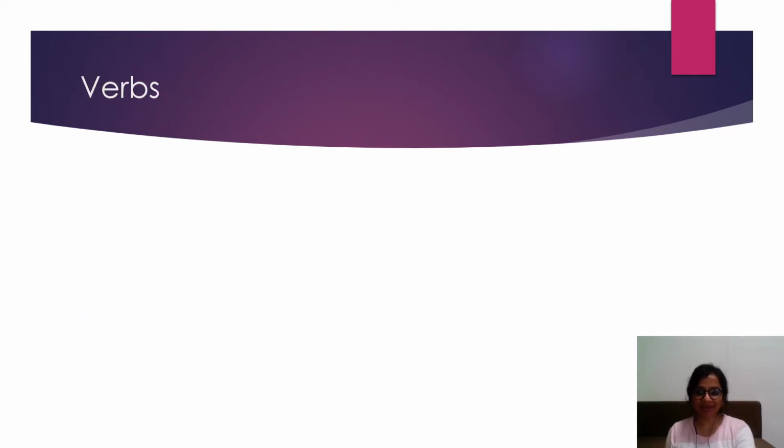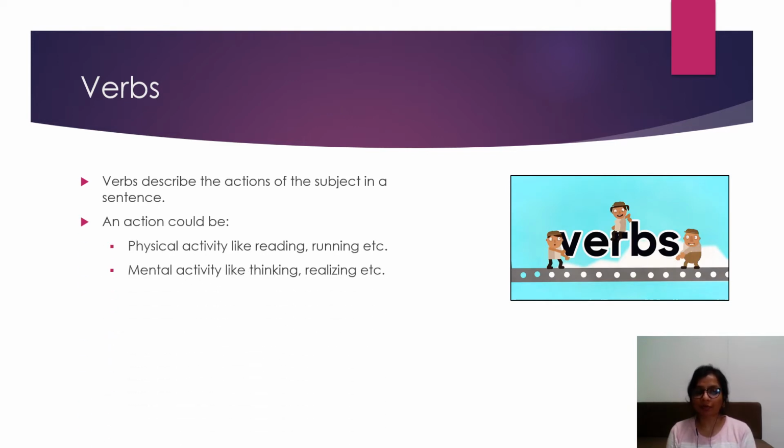Alright, let's start with our today's lesson. Verbs. What are verbs? Verbs are the words which describe actions of a subject in a sentence. Now, the subject can be the noun or the pronoun in this sentence, and the action can be a physical activity like reading, running, swimming, dancing, or it can be a mental activity like thinking, realizing, worrying, wondering.